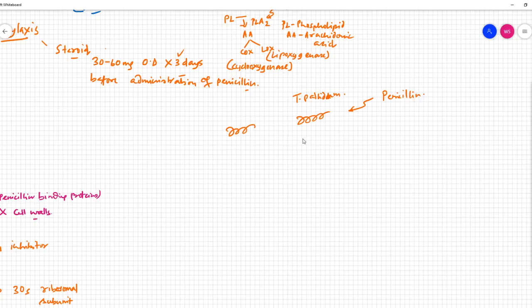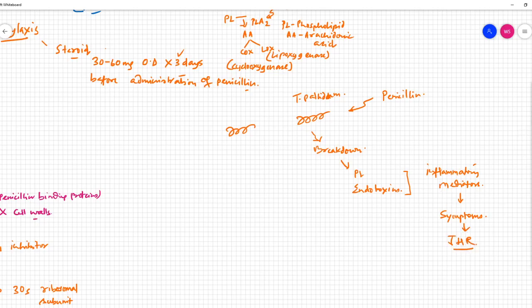So what happens is these cells will break down, releasing their phospholipids and endotoxins. They are inflammatory mediators, and these are responsible for the symptoms seen in Jarisch-Herxheimer reaction.